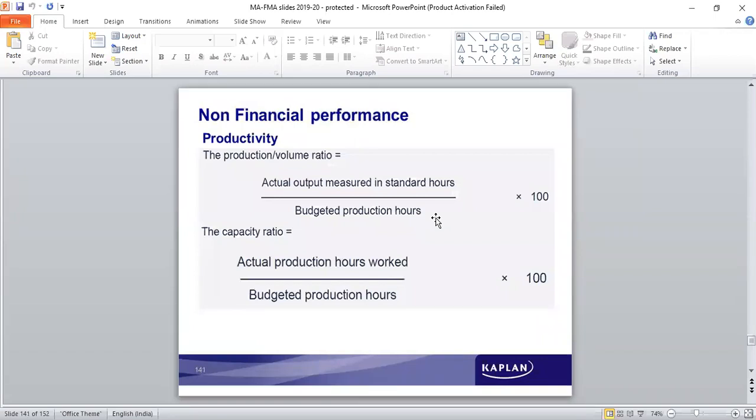Then coming to the non-financial performance. See, all this while what we were talking about is all about financial performance. There are certain aspects other than financial aspect, which is non-financial performance also. There are non-financial factors also in an organization which have to be measured.